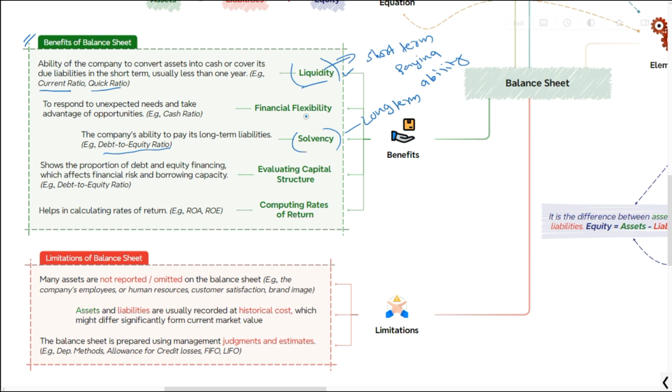This is one of the benefits of the balance sheet, that it helps you judge whether the company is financially flexible or not, and whether the company can take advantage of opportunities or not. Now, by looking at the balance sheet, we can evaluate the capital structure. We can compute the rates of return.